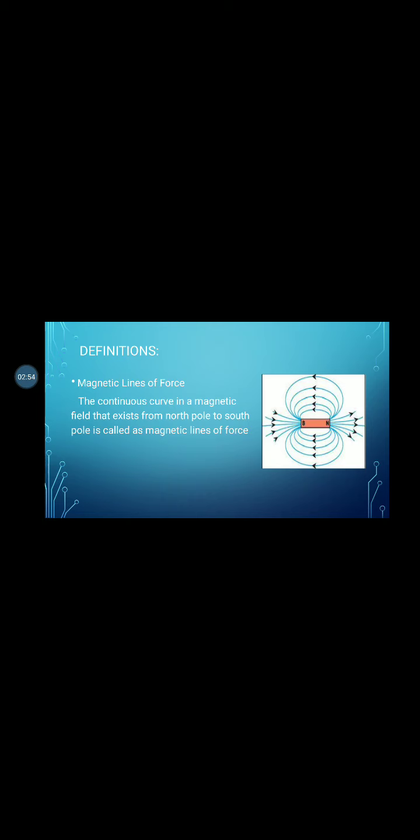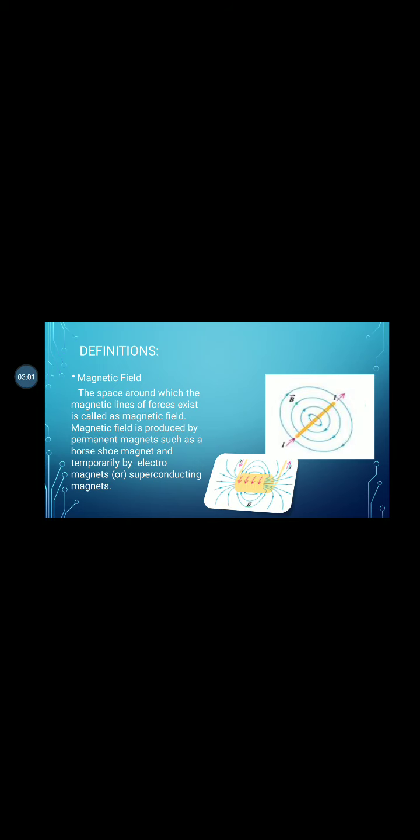In an electromagnet as well as a permanent magnet, the lines of force are present. So what is the magnetic field? The magnetic field is the space around which the magnetic lines of force exist. A magnetic field is produced by a permanent magnet, such as the horseshoe magnet, and an electromagnet also produces a magnetic field, but only as long as current flows through the coil.